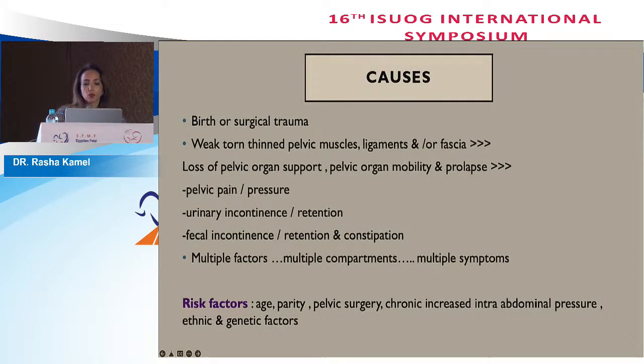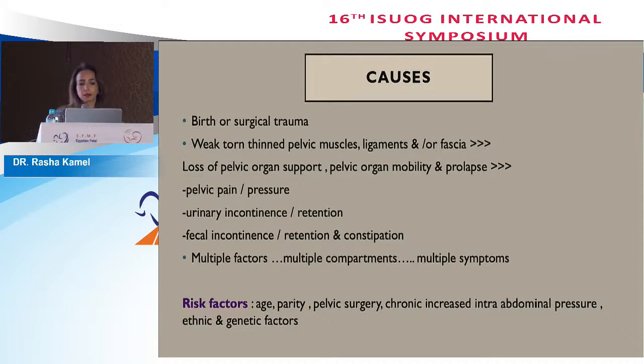Of course, pelvic floor disorders are traceable to childbirth or surgical trauma. The weak, torn, thin pelvic muscles, ligaments, and/or fascia will end in loss of pelvic support, pelvic organ mobility, and prolapse, which will give the symptoms of pelvic pain and pressure, urinary incontinence or retention, fecal incontinence, or retention and constipation.